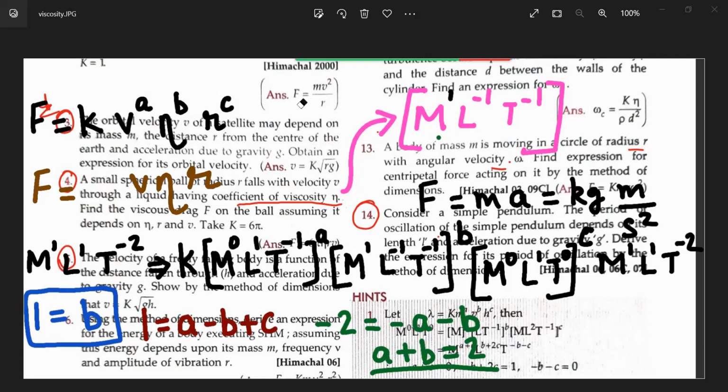So this formula would be 6 pi V eta R. Now let us dissect this further. So my force is equal to 6 pi eta R V.